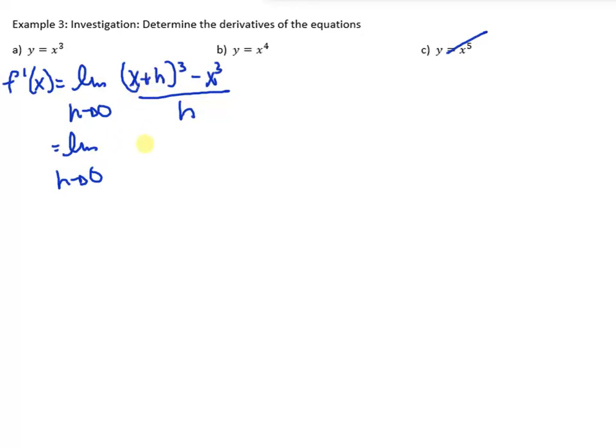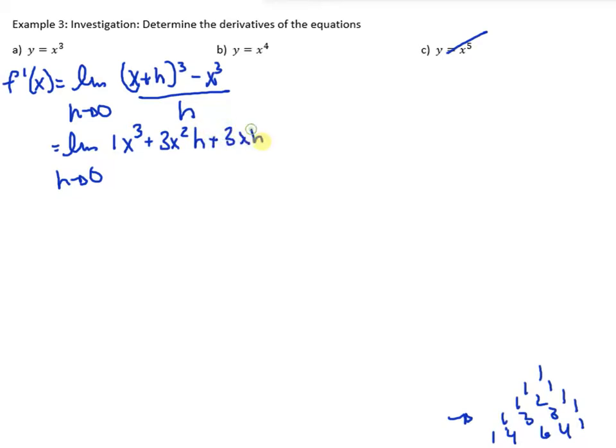I'm going to do this by binomial expansion. So we have x cubed plus, I'm going to do Pascal's triangle, just very small down in this corner. We're dealing with 1, 3, 3, 1 as the coefficients. So 1, 3x squared h, 3xh squared, and 1, which is h cubed.